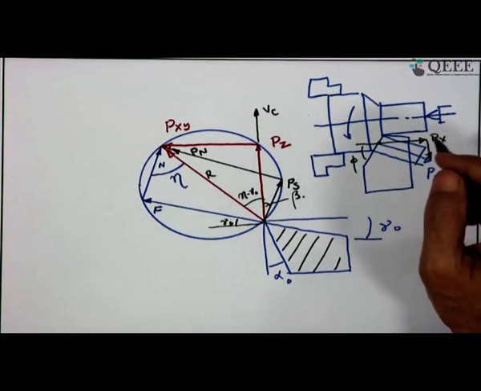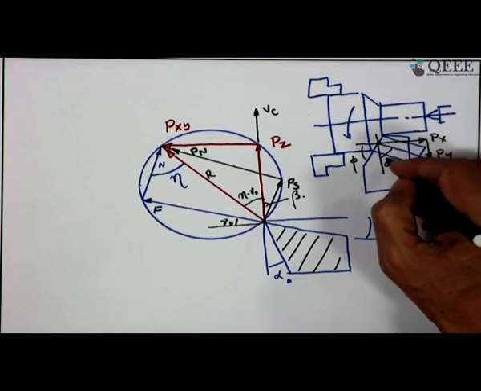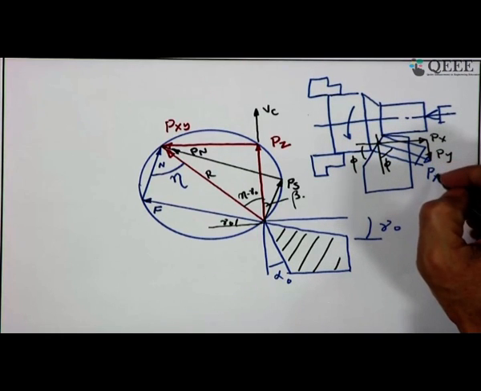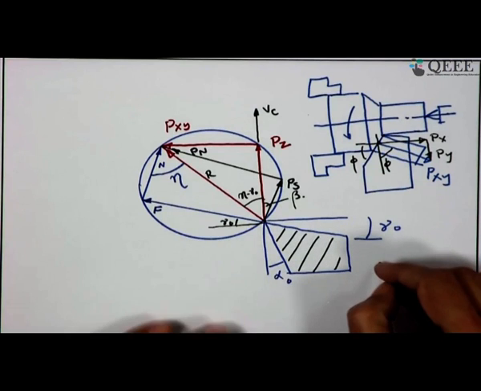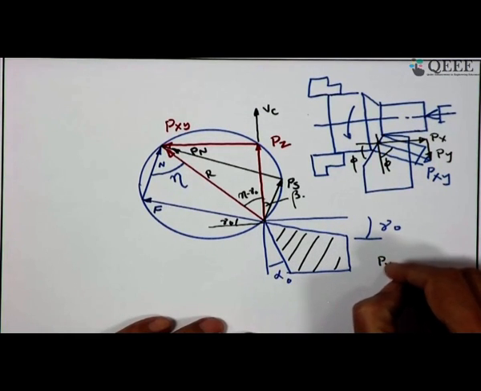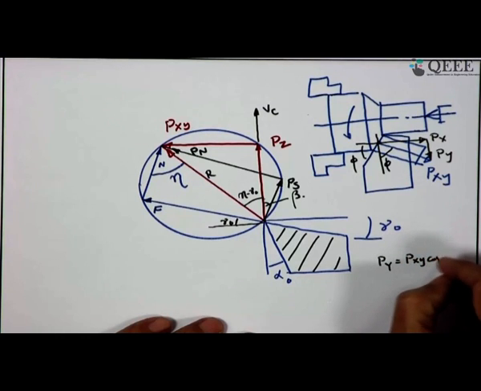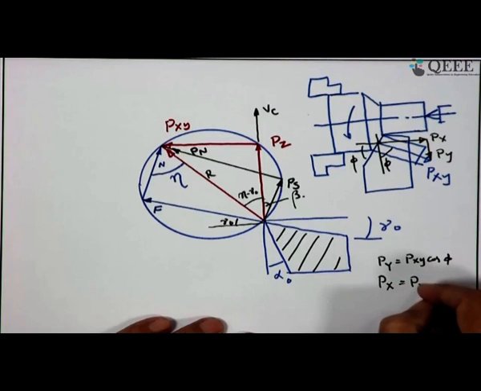Now, if this is principal cutting edge angle, you can resolve this thing. So, this will be phi and this will be 90 minus phi. So, if you resolve Pxy into Py, then definitely your Py will be equal to Pxy cos phi, and Px will be equal to Pxy sin phi.